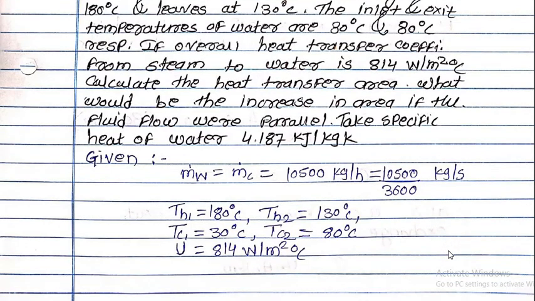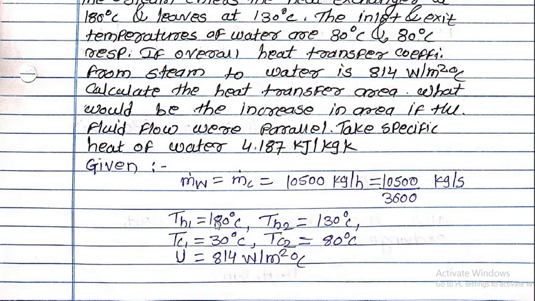Now the temperatures at the inlet and outlet for the hot fluid and cold fluid are provided. Hot fluid is nothing but steam and cold fluid is nothing but water. So hot fluid temperature at the inlet is 180 degrees Celsius and hot fluid temperature at the outlet is 130 degrees Celsius.